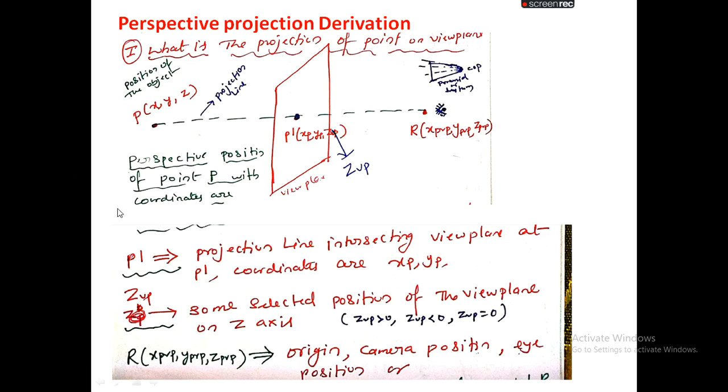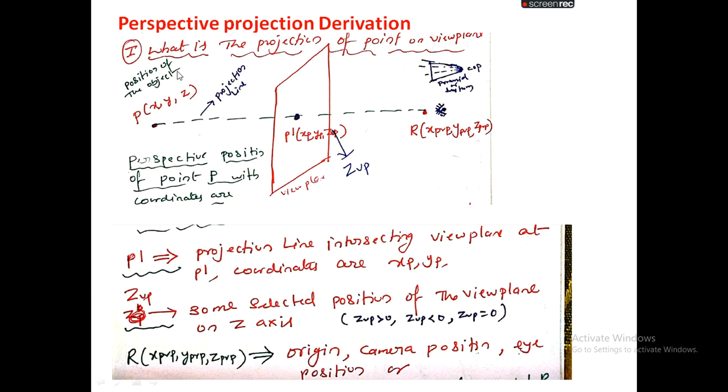As I said in the previous slide, we have P dash, we have R, and we have one point P in space. Please remember, zvp represents the selected intersection point on the z-axis of the projector or projection lines, which gives the projection of point P at position x, y, z to the projection point P dash, with coordinates xp, yp, zvp.